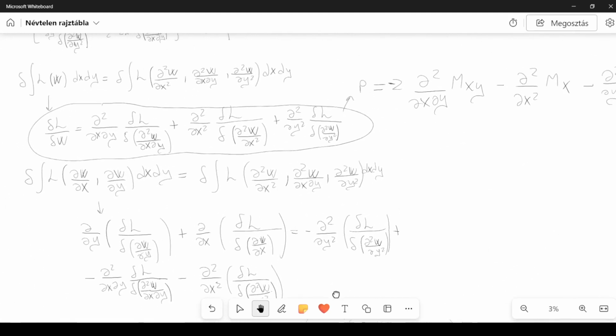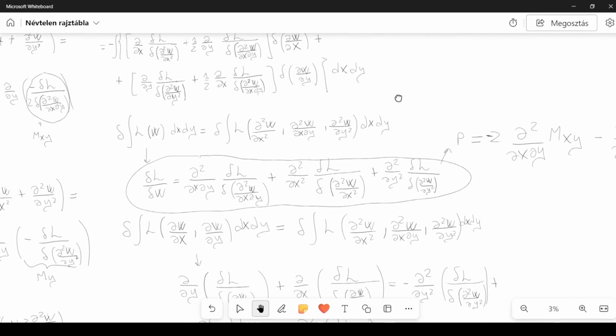Lagrange equations. In particular, let me see if I can find it.